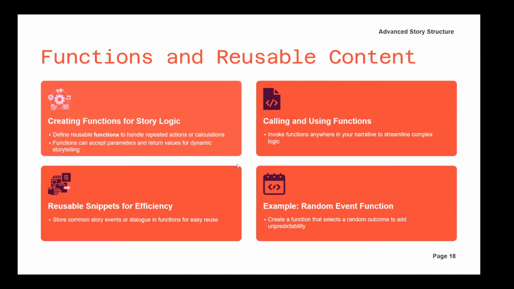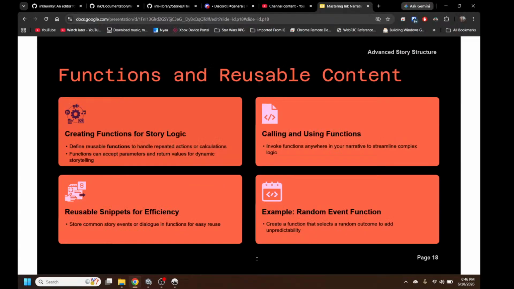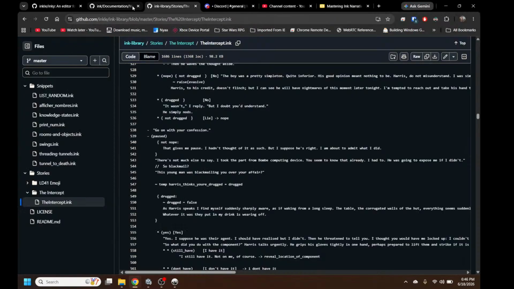With functions, there are a number of built-in functions that you can use to operate on your variables. There is a random, there is a floor, and I think there's a ceiling. We'll take a look at it.